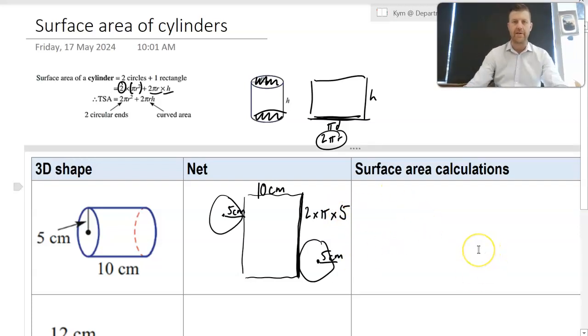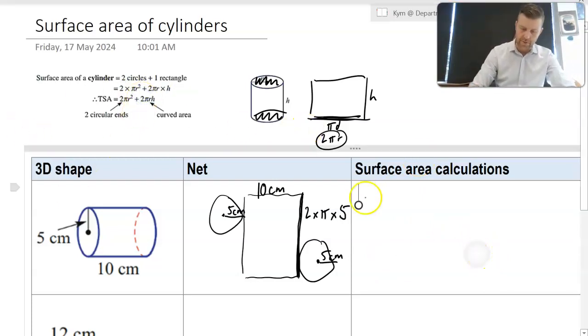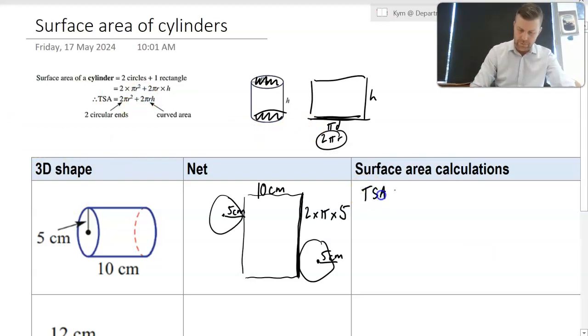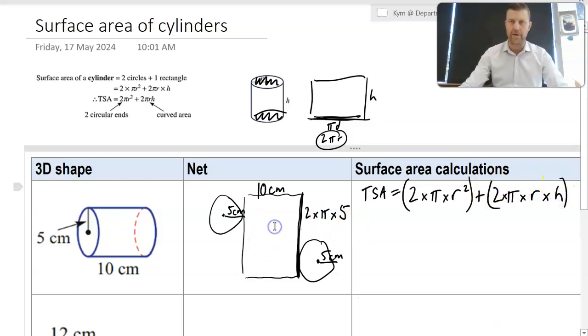So the surface area calculation. To work it out, I'm going to substitute those values back into the formula up here. So the total surface area of that cylinder is 2 times pi times radius squared. Remember, that's the 2 circular ends, plus 2 times pi times radius times height, and that's the area of the rectangle, or the actual tube section itself.